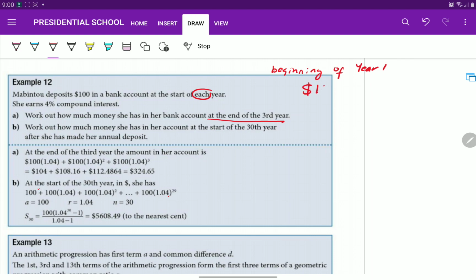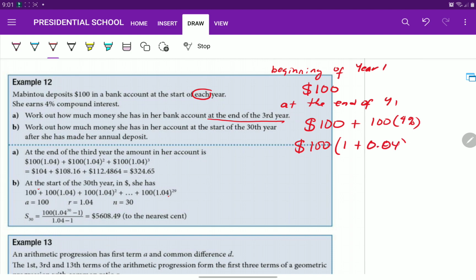she deposited $100. So at the end of year one, the money will be $100 plus $100 times 4%, which is equal to $100 times (1 plus 0.04).